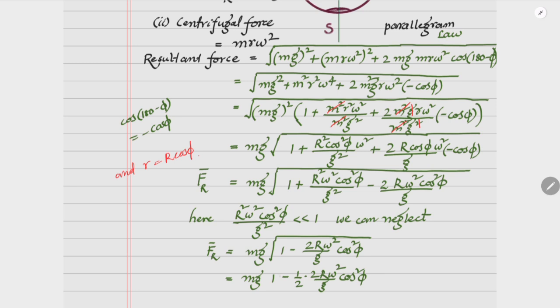So the 2 gets cancelled here, and you will get mg times 1 minus r omega square cos square phi by g.